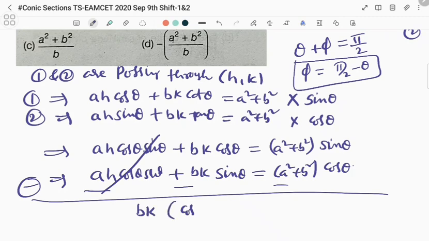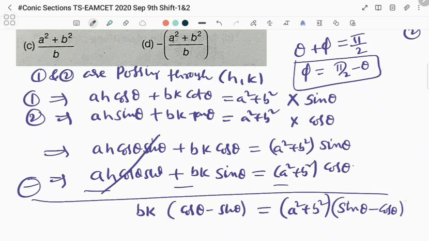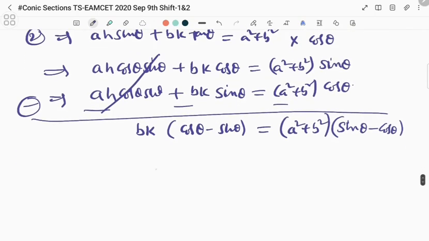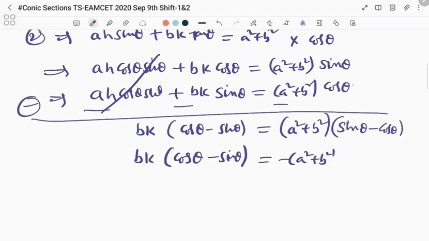bk cos theta minus sin theta, so here a square plus b square, if you take out common here from this, sin theta minus cos theta, so here bk cos theta minus sin theta is equal to minus of a square plus b square into cos theta minus sin theta.